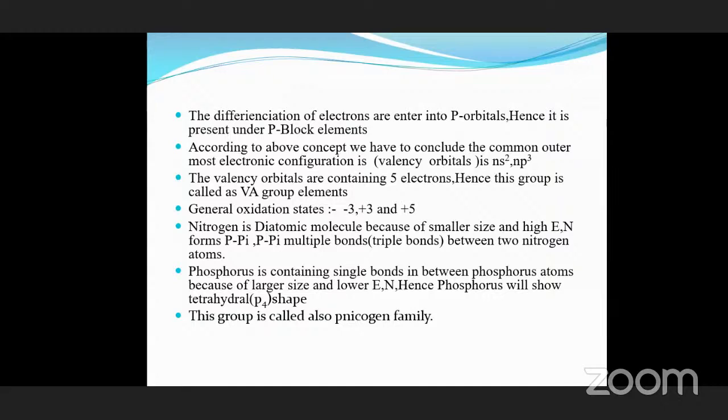Therefore, this group is also called the pnictogen family. Also, in this group, the first element is nitrogen, therefore this family is also called the nitrogen family.